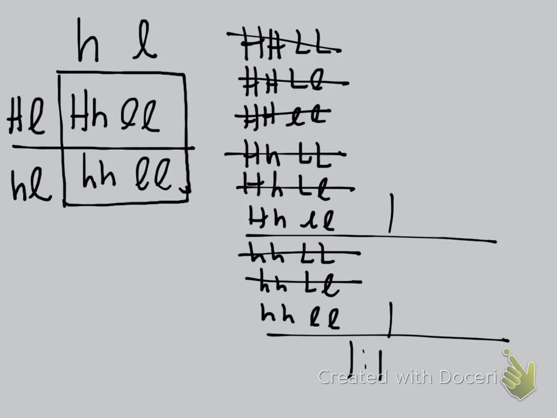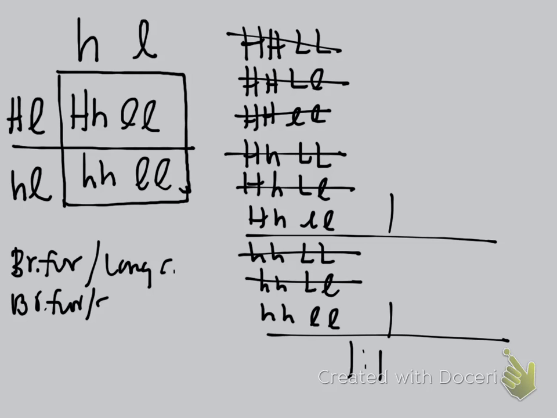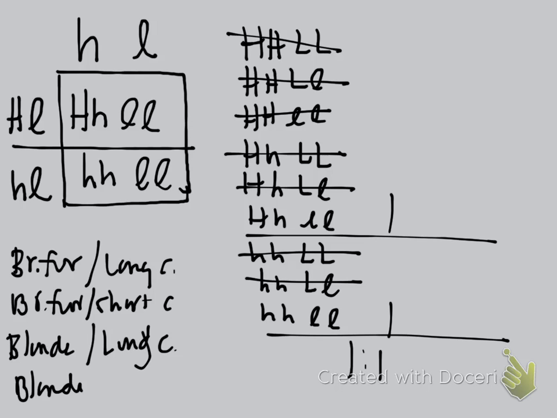Now, what about the phenotype ratios? How many possible phenotypes do we have overall? So, in the world of all possibilities, we could have brown fur, long claws, brown fur, short claws, blonde with long claws, blonde with short claws.